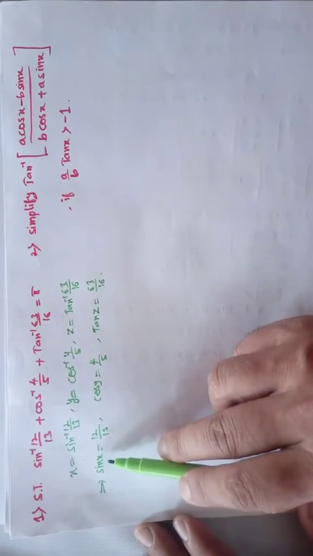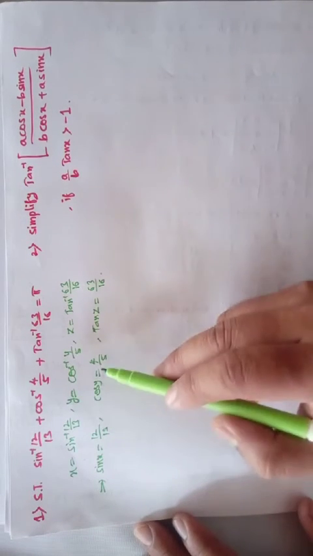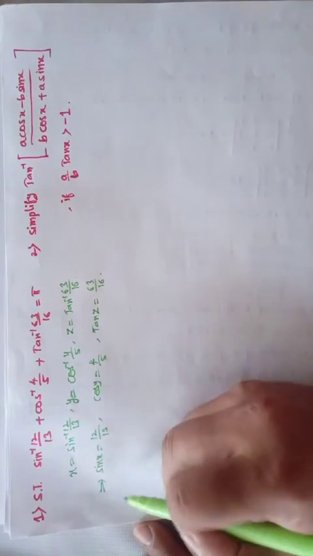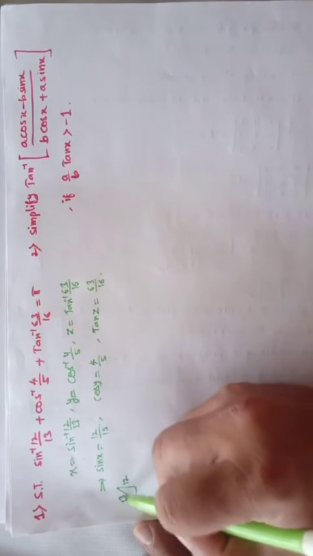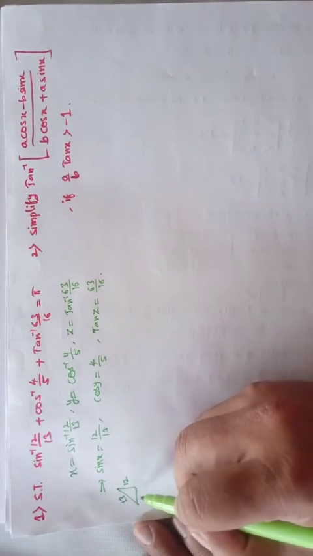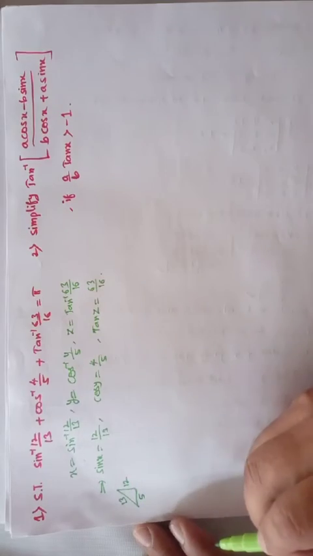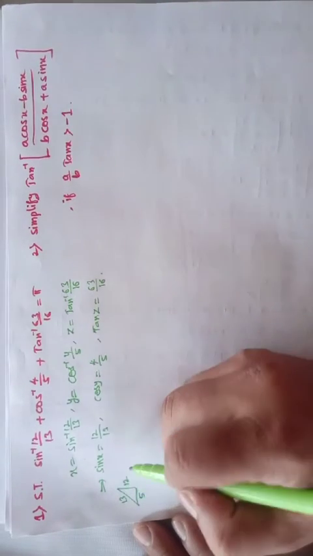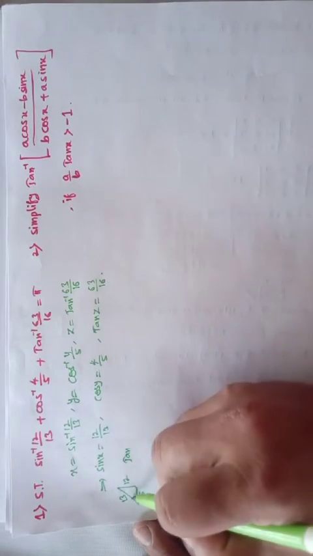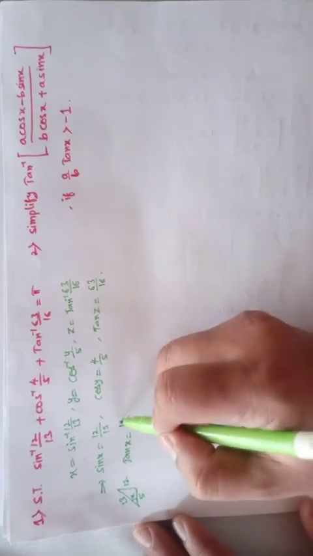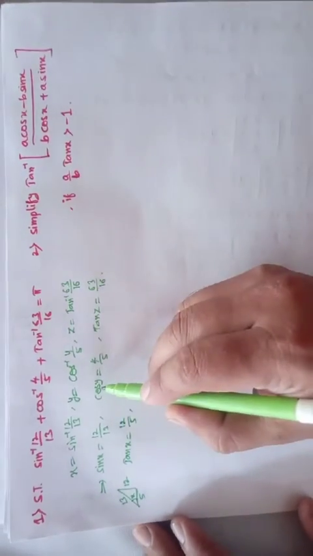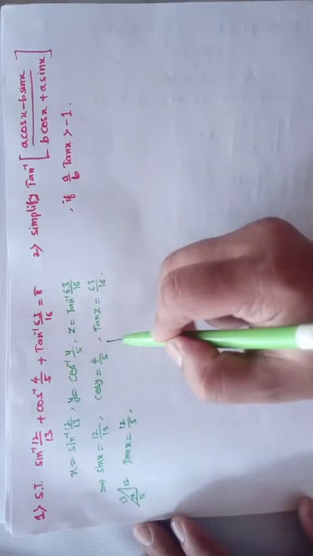Then already knowing sin x is equal to 12 by 13, cos y is equal to 4 by 5, then from the triangle, opposite by hypotenuse is sine, then adjacent side will become 5, and I can find out tan x here. Tan x is equal to 12 by 5, and in this case cos y is equal to 4 by 5.